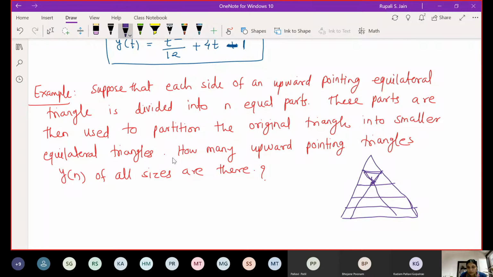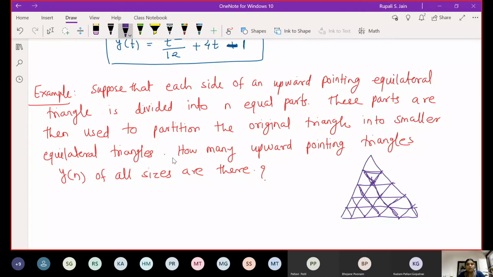Can you see this diagram? Yes, ma'am. So these are all equilateral triangles, whatever I have divided into.